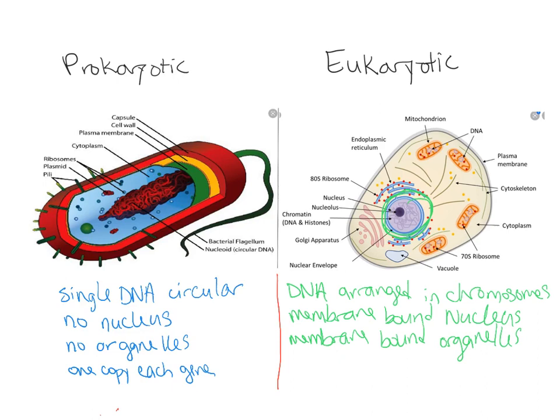Some of those membrane-bound organelles are right here. This is a mitochondria. Endoplasmic reticulum is right here. Golgi apparatus is right here. And we'll talk about each of those different organelles individually. And then eukaryotic cells also have two copies of each gene. So you get one copy from your mom and one copy from your dad.